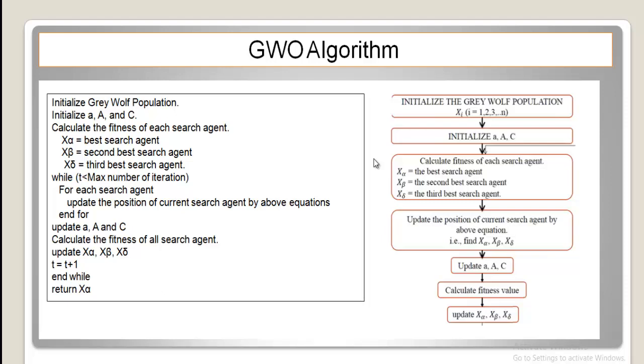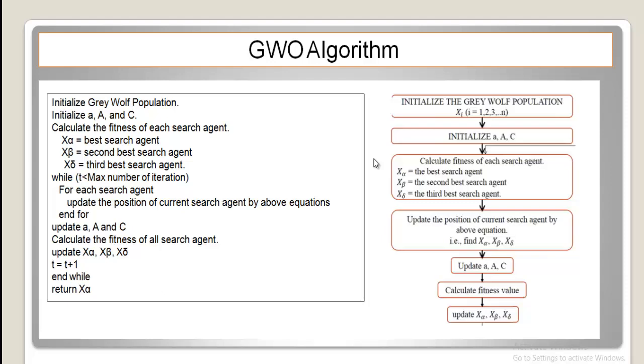The algorithm enters a loop that continues for a maximum number of iterations or until a stopping criterion is met. Inside this loop, for each search agent, the agent updates its position based on the following equation, which takes place based on the values of the three best solutions.